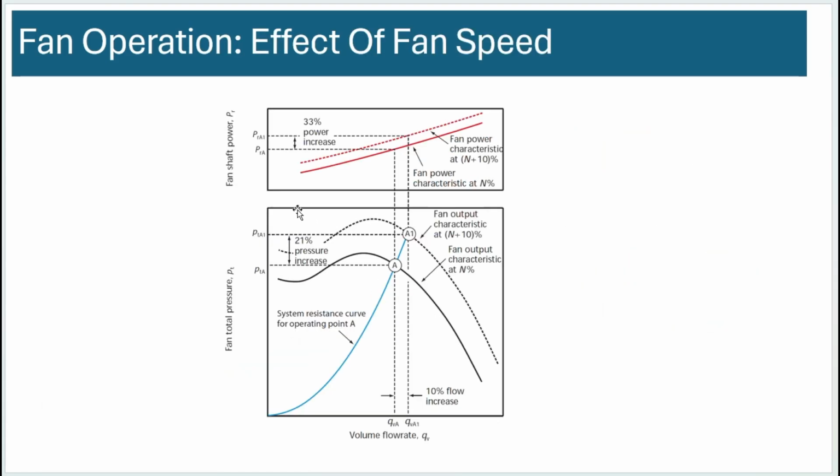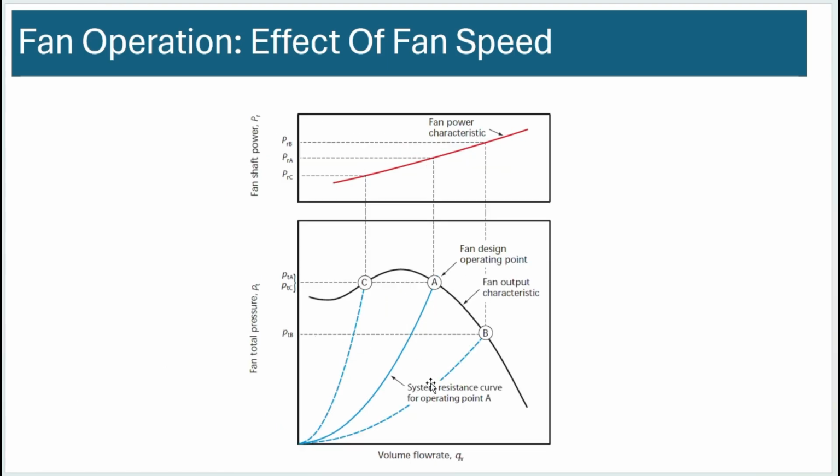Here I was showing you the effect of fan speed. If the fan speed is increased, the fan curve will go up, and the place where the operating point intersects the system resistance curve will move to the right, so you'll get a higher flow rate. If you look at the fan power curve, the fan might increase in power a little bit also when that happens.